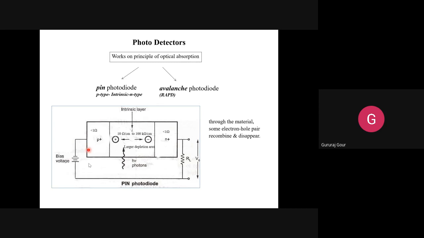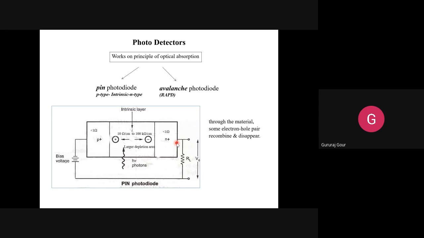As shown in the figure, it consists of three prominent layers: P plus, N plus, and I layer. Based on these three layers, P, I, and N, it is called a PIN photodiode, because I indicates the intrinsic layer, the middle layer, sandwiched between the two outermost layers, P plus and N plus. This is how you have to begin explaining the constructional details of the PIN photodiode.